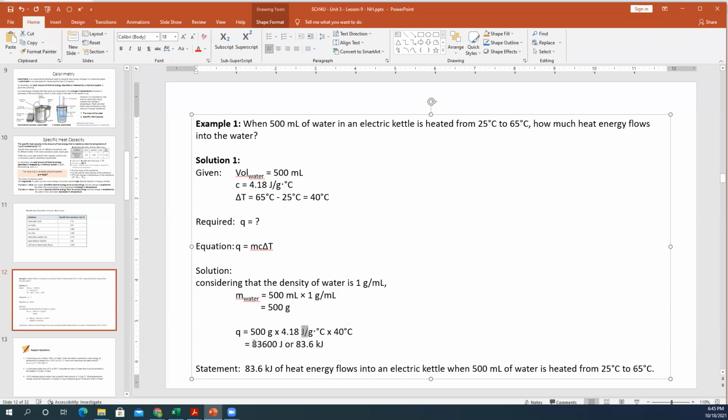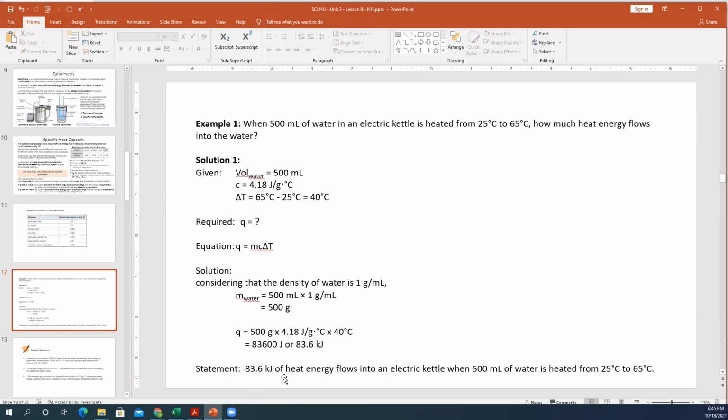So we have 83,600 joules, or 83.6 kilojoules. And then we finish it with a very clear statement, as we usually do in word problems, that 83.6 kilojoules of heat energy flows into an electric kettle when 500 milliliters of water is heated from 25 degrees to 65 degrees.